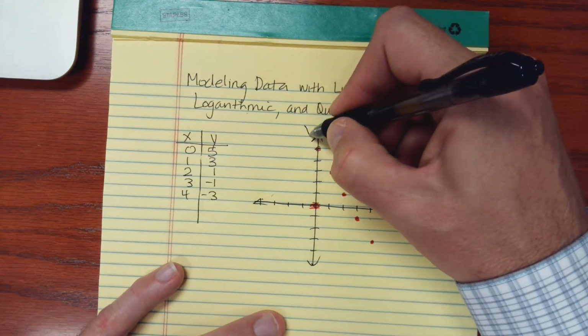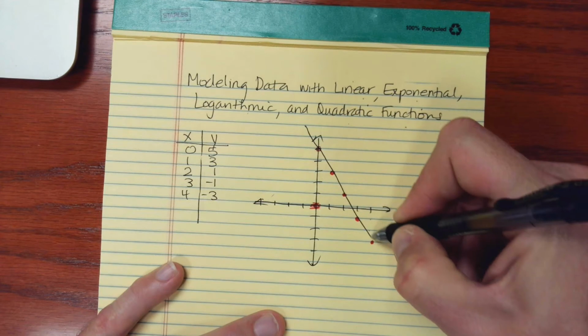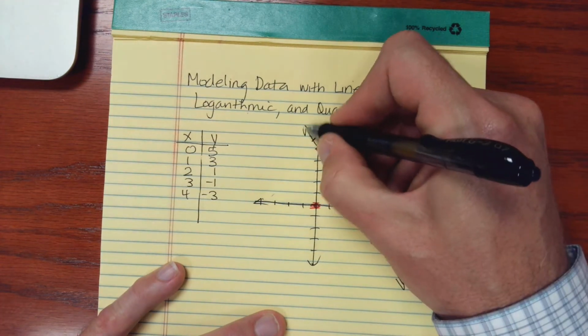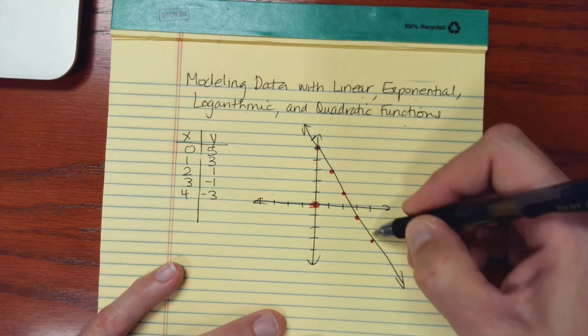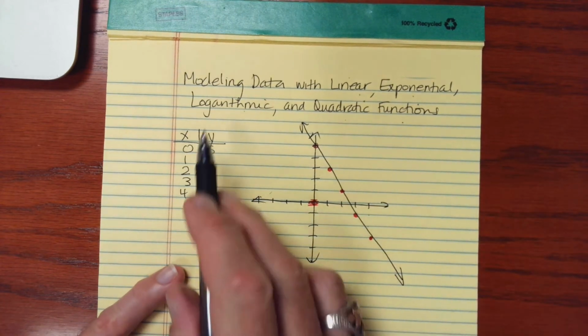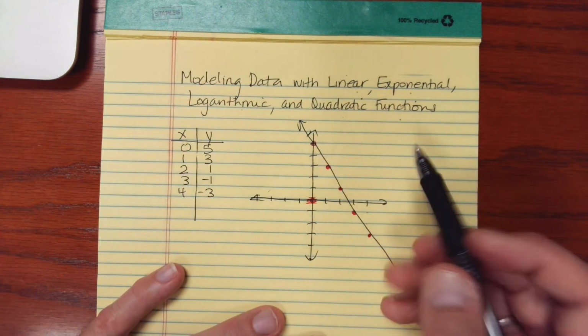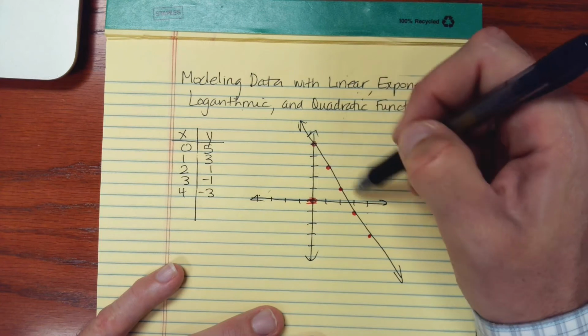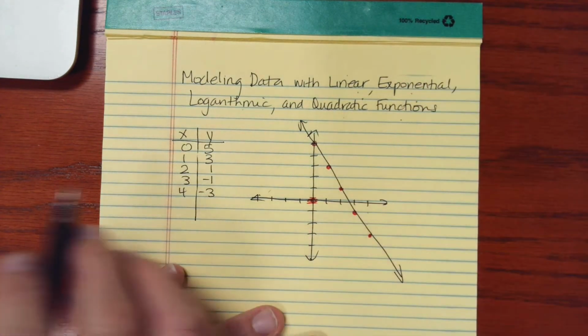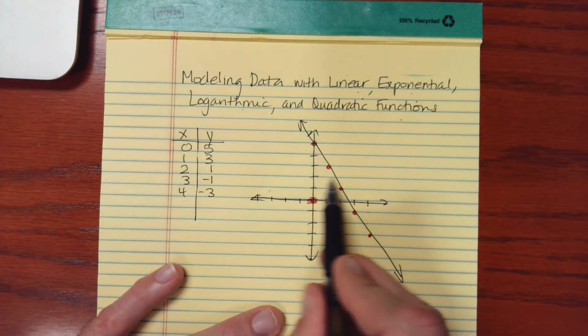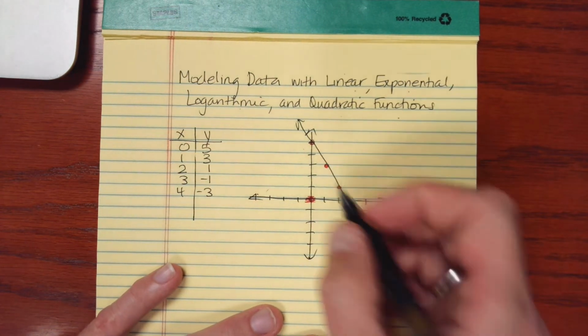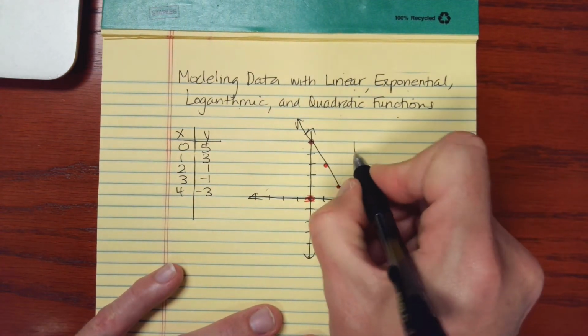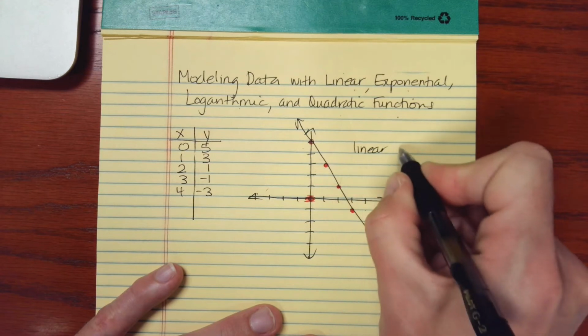Namely, if I can just find the equation for this line, I actually may pass through every single one of my data points. Now, not all models are going to have a perfect fit. Sometimes you're just going to be able to come close to your data points, but we want to choose a model that comes the closest to all of our data points. So in this case, it seems like a linear model would be appropriate.